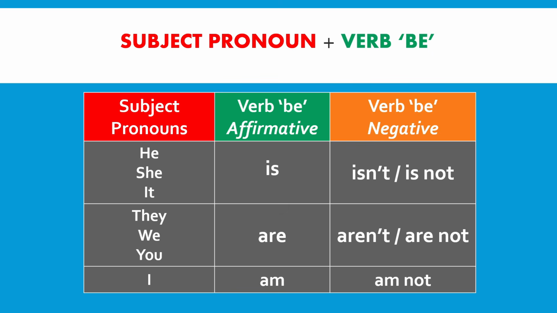Last but not least, the only subject pronoun which is I, the verb be affirmative for it is am, and the negative for it is am not. There is a contraction for this subject pronoun, just that the contraction is not done on the verb be, but normally the contraction is done together with the subject pronoun. So instead of saying I am not, people normally use I'm not.